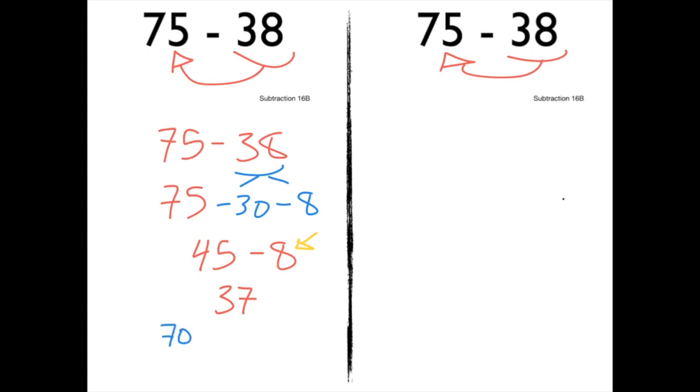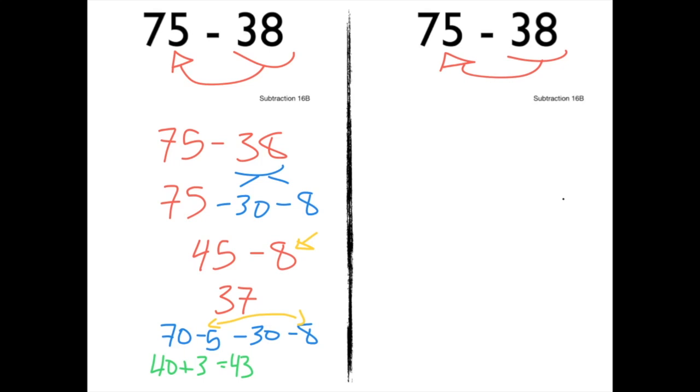They'll think about 70 plus 5 and 30 plus 8. But then, because their brains don't like 5 minus 8, they'll do 70 minus 30, which is 40, and 8 minus 5 instead of 5 minus 8, which gives me 3. And then they'll put an answer of 43 instead of 37.